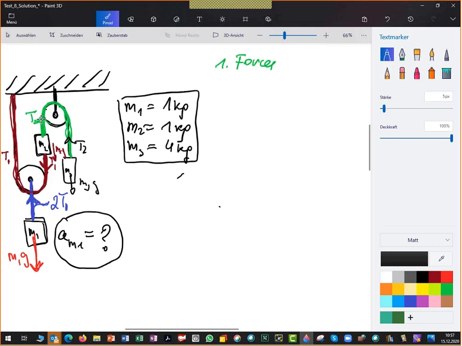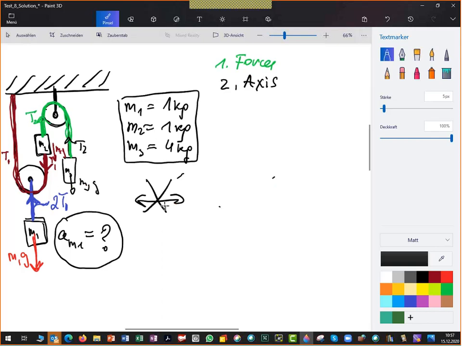And now, after I made this analysis, I'm ready to apply my axis. Actually, I need just one axis, since all bodies move only in vertical direction. I am not interested in the other direction at all. I don't need to introduce it.